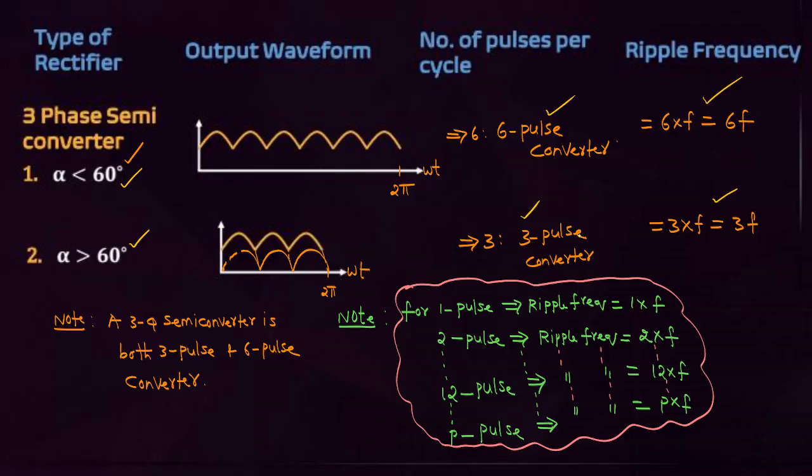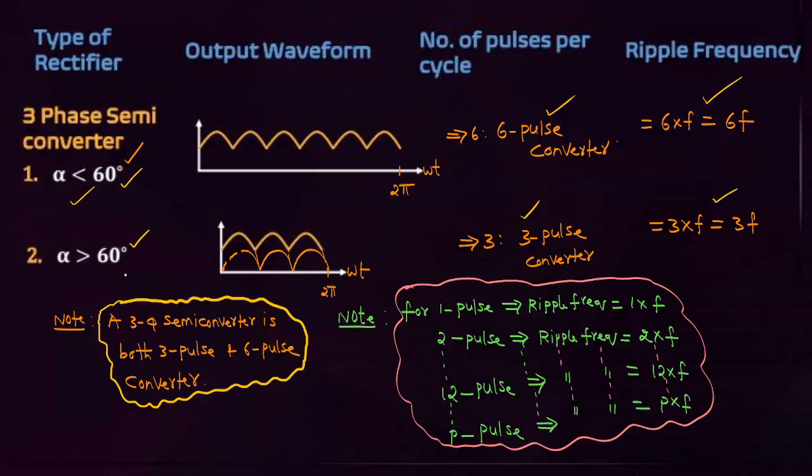That's why a question is asked like this: which converter is both 3 pulse and 6 pulse converter? That is the 3 phase semi converter, not single phase. The 3 phase semi converter is both 3 pulse and 6 pulse. When it is a 6 pulse converter, firing angle is less than 60.